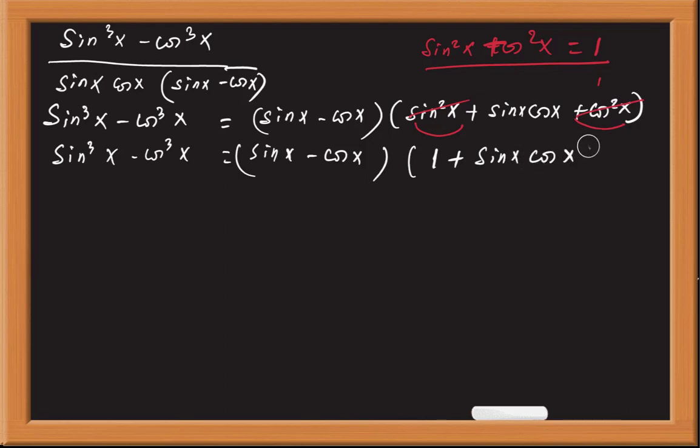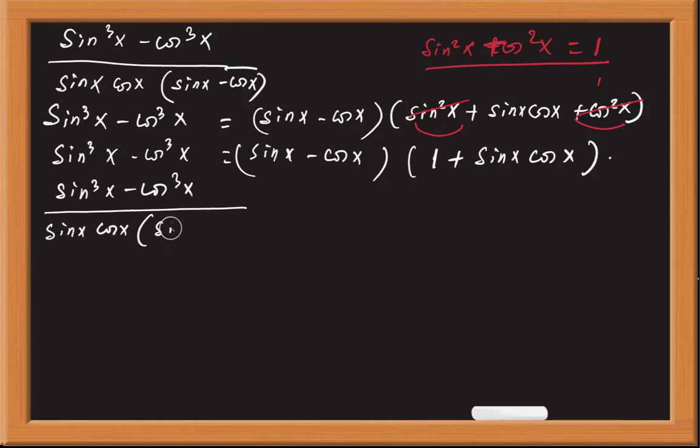Now we get the full expression: sine cubed x minus cosine cubed x over sine x cosine x times sine x minus cosine x.